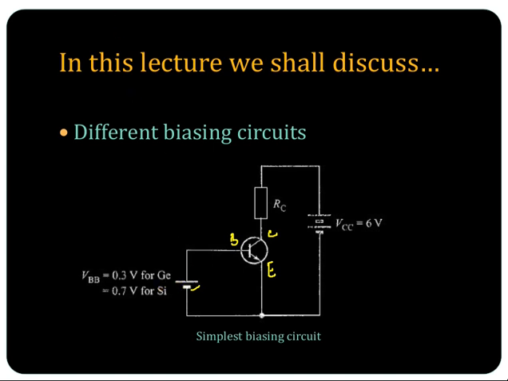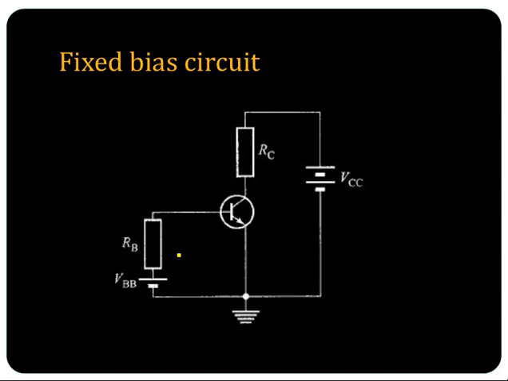So you are modifying this simple circuit with a resistor RB, and this is known as the fixed bias circuit. So you can use a VBB with the available, higher range, and you can limit the base current using this resistor RB. Okay, so this is a fixed bias circuit.